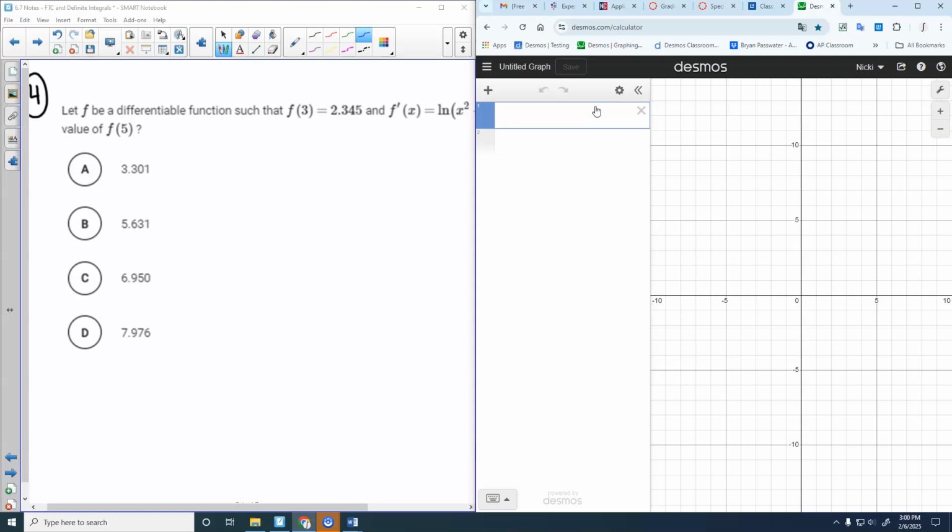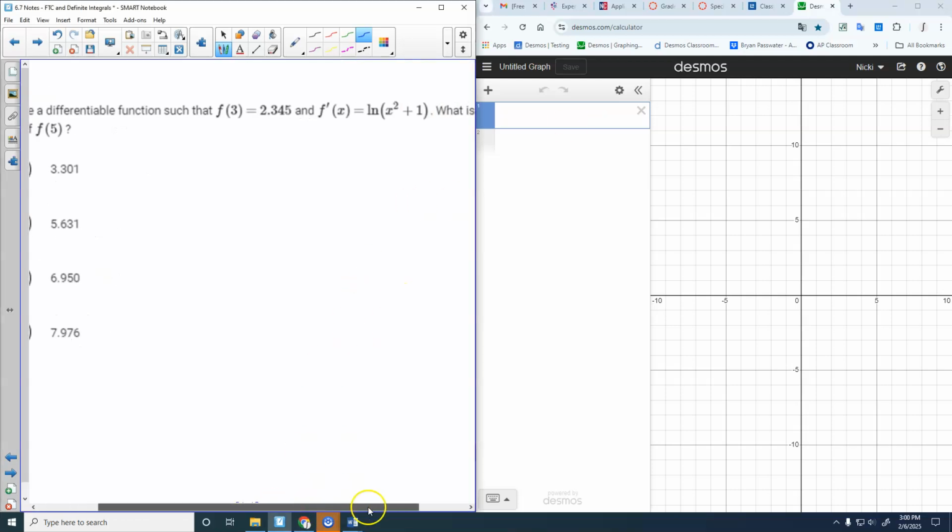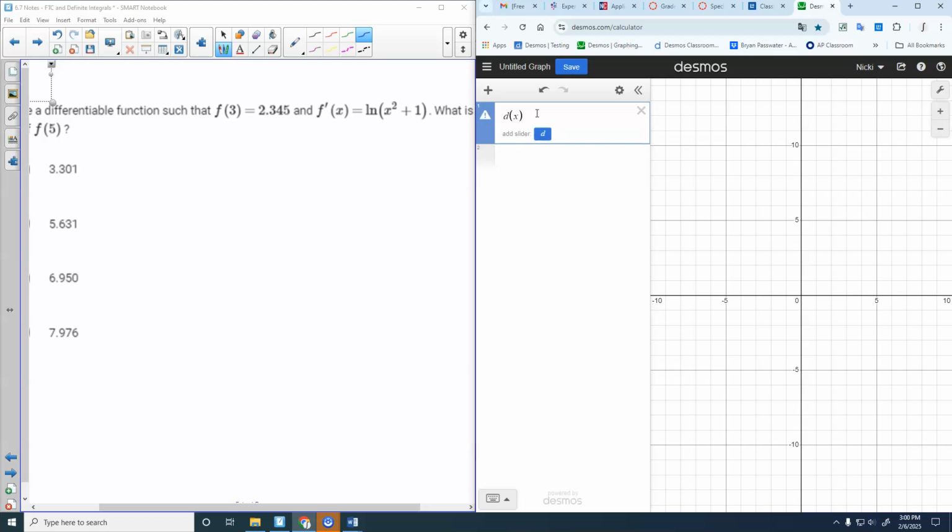Because of the way Desmos works, it will not do stuff if I call this f prime. I don't like that it won't let you type in f prime. So I'm going to call it d of x for derivative, but it is f prime.